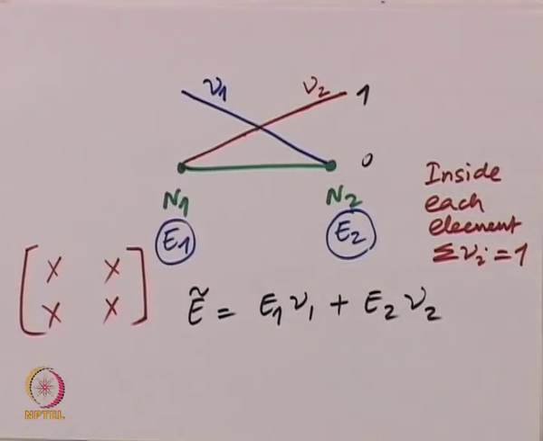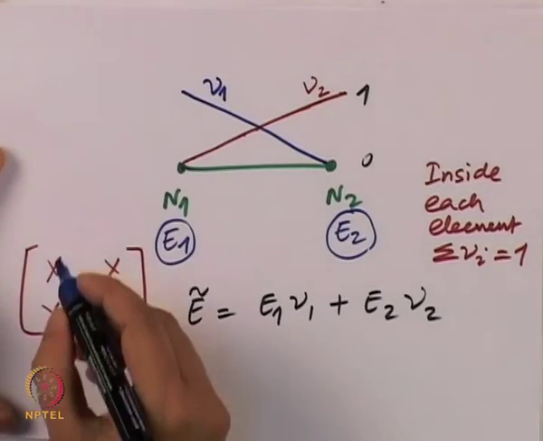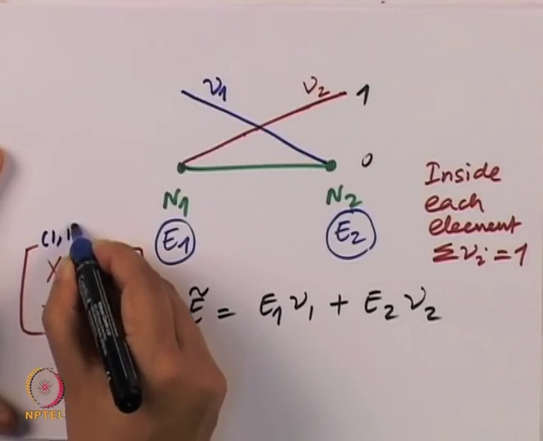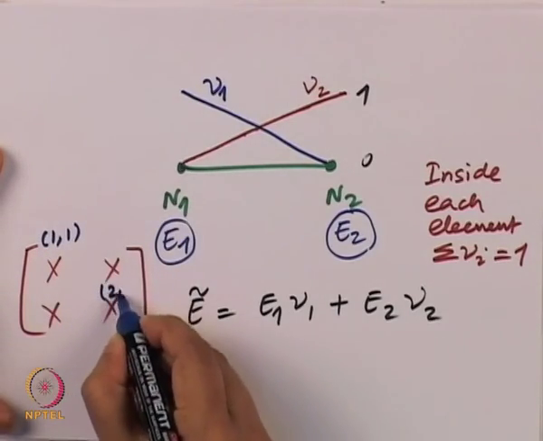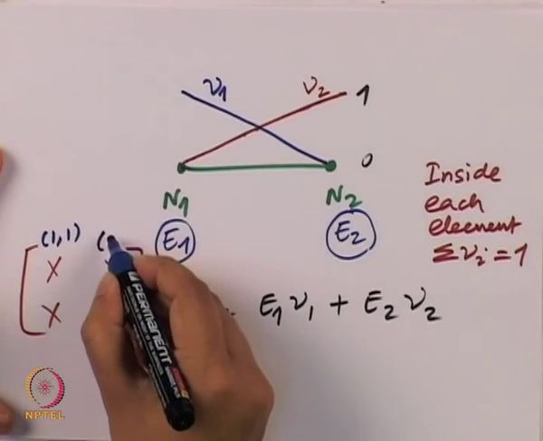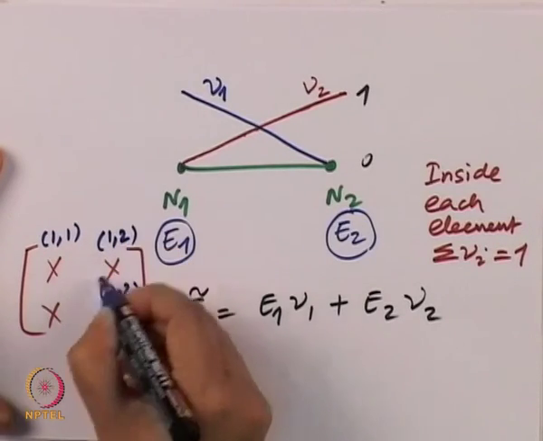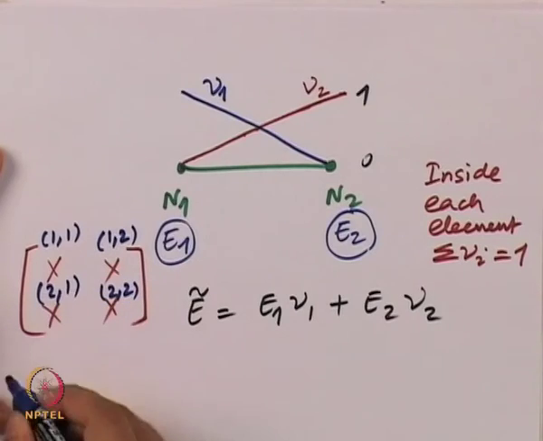The 2 by 2 matrix is made such that the contribution will be 1 comma 1, so the node 1 on 1, and this will be 2 comma 2, and this will be 1 comma 2, and this will be 2 comma 1.